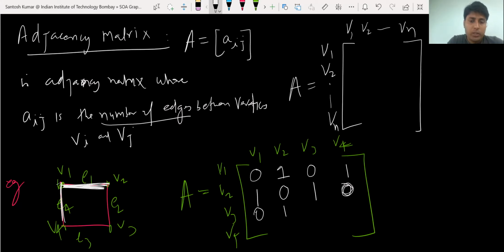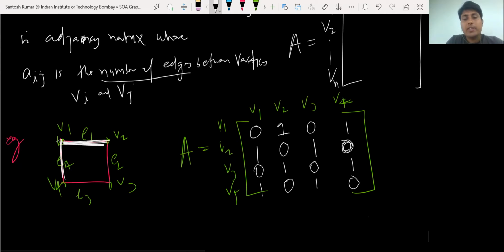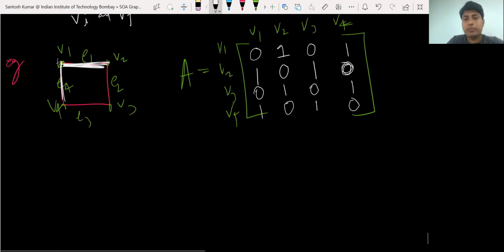V3 with V2, 1 edge. V3 with V3, 0. V3 with V4, 1 edge. Now V4 with V1, 1 edge. V4 with V2, 0. V4 with V3, 1 edge, and V4 with V4, 0. So this is the adjacency matrix corresponding to the star.